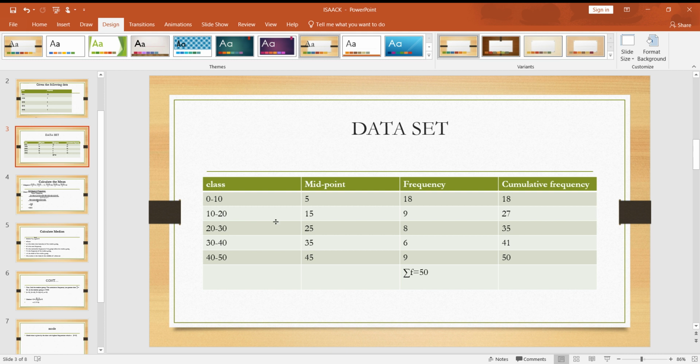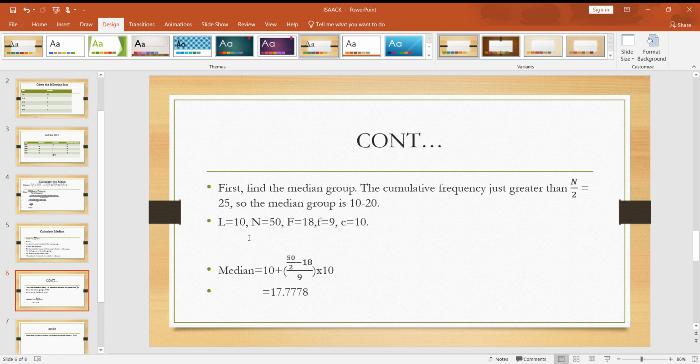Therefore, we can come up with the values of L, which is 10, N, which is 50, capital F, which is 18, small f, that is the frequency of the median class, that is 9, then the class width, which is 10.